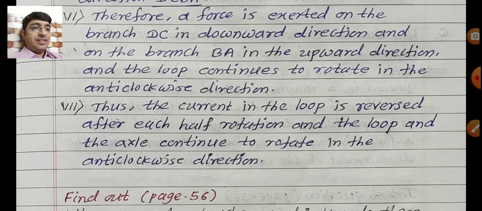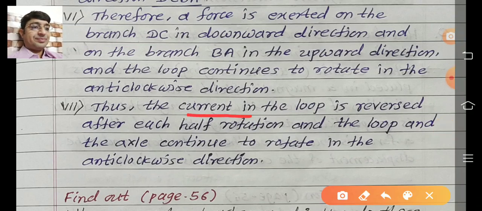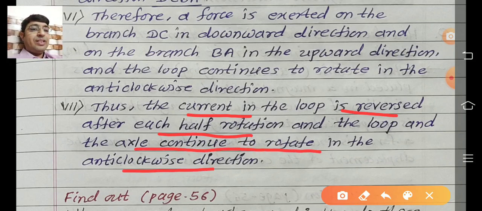Initially current passing in the CD direction, but after half rotation, the same current passing through, force is exerted in the opposite direction, that is DC. Thus, the current in the loop is reversed. Underline this. After each half rotation, the loop and the axle continue to rotate in which direction? Anti-clockwise direction. The rotation is not stopped.